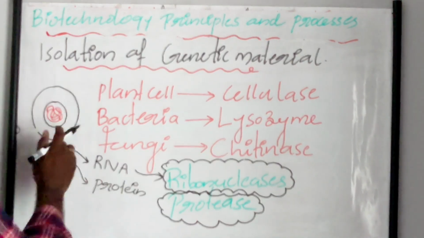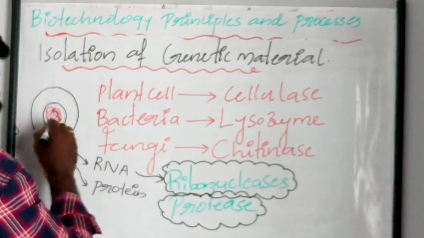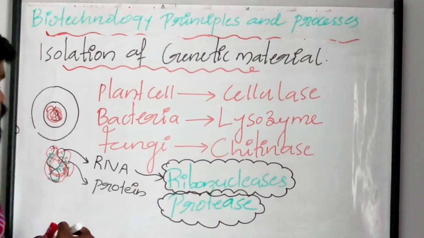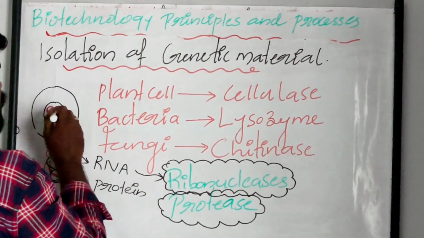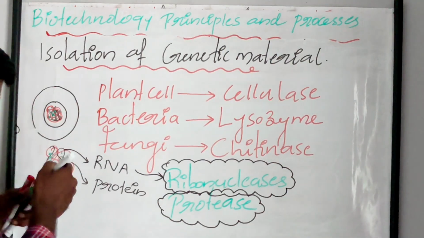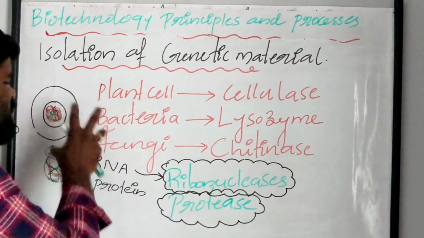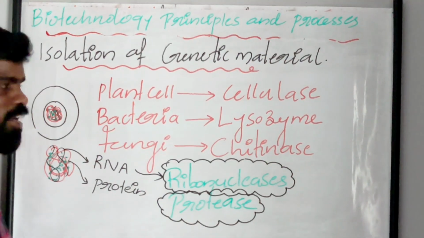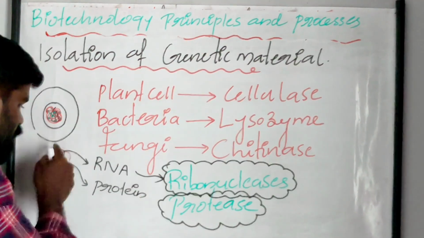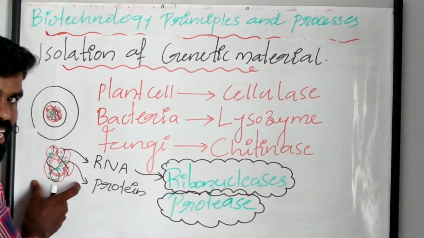We have to separate the genetic material from the cell. If it is a plant cell, as I have already told you, we use cellulase. So just consider this as a plant cell, and we use cellulase to separate the DNA.